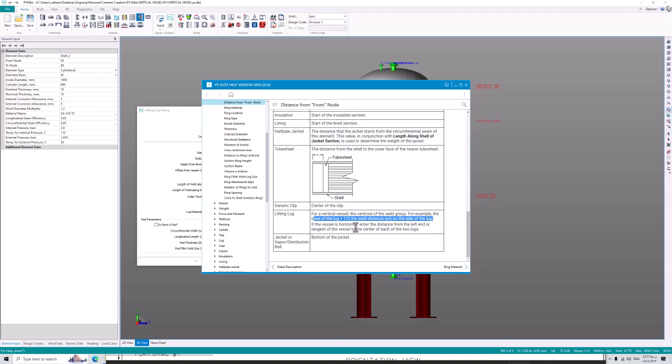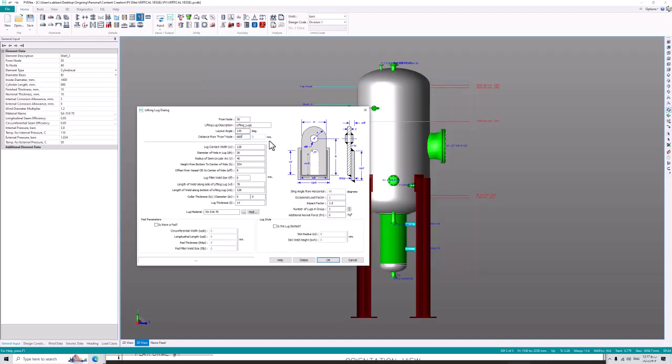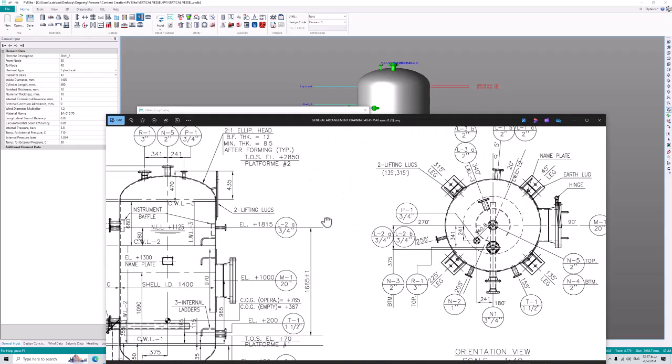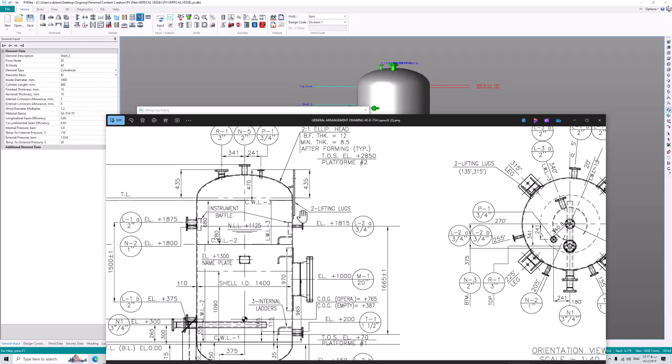If the vessel is horizontal, enter the distance from the left end or tangent of the vessel to the center of each of the two lugs. Now we'll see the weld group of this lifting lug. Go through the drawing.